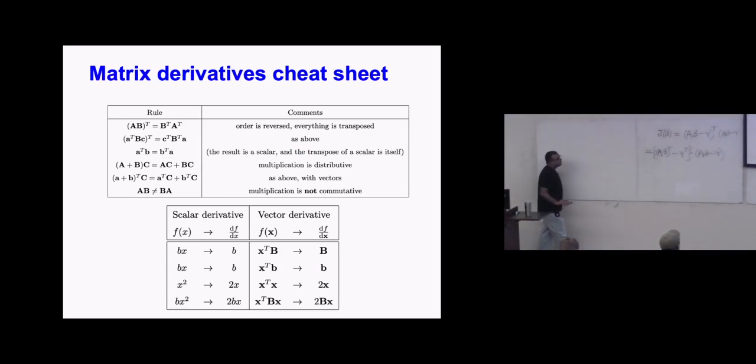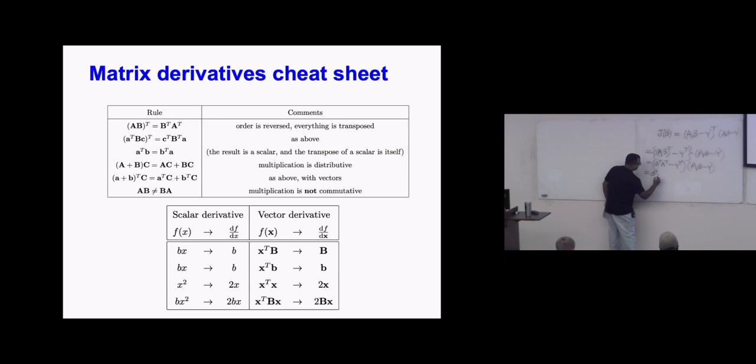Next, for this one we are going to use the top formula: (AB) transpose is essentially B transpose A transpose. So we break this into beta transpose A transpose minus Y transpose, times A beta minus Y. Okay? Now we'll do the multiplication because we can just multiply between these two terms.